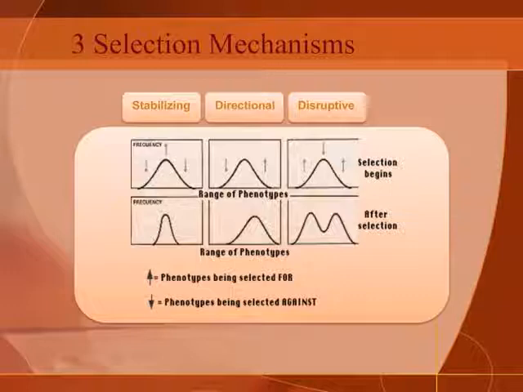So over time, there are more individuals at either extreme, but fewer in the middle. For example, you might have clams that are white, gray, and black, and the white ones would be selected for, as would the black ones, but the gray ones would be selected against.